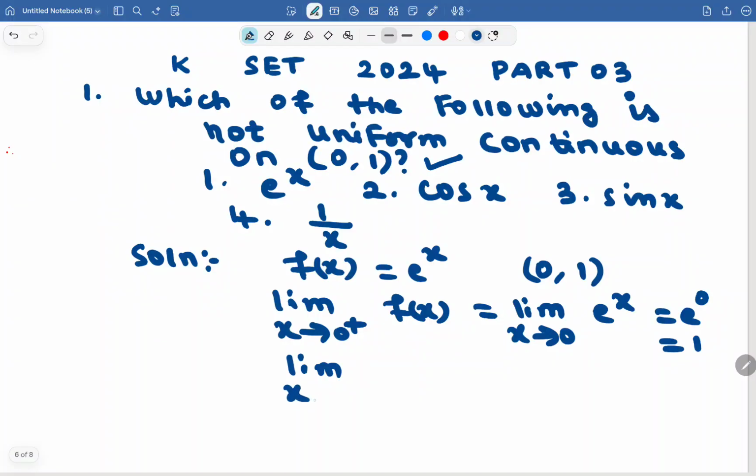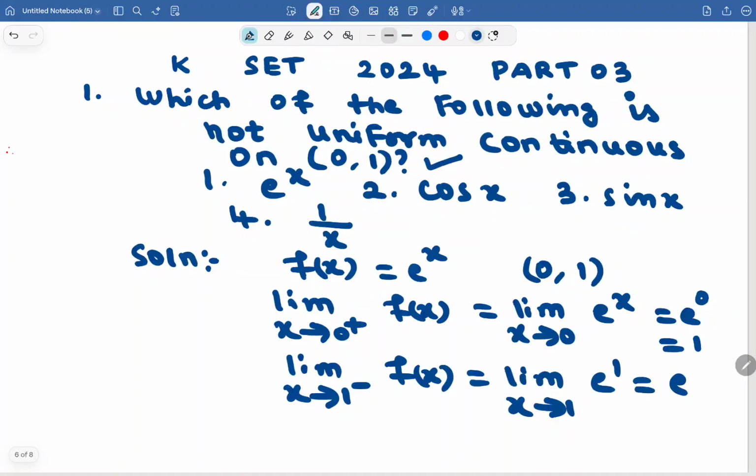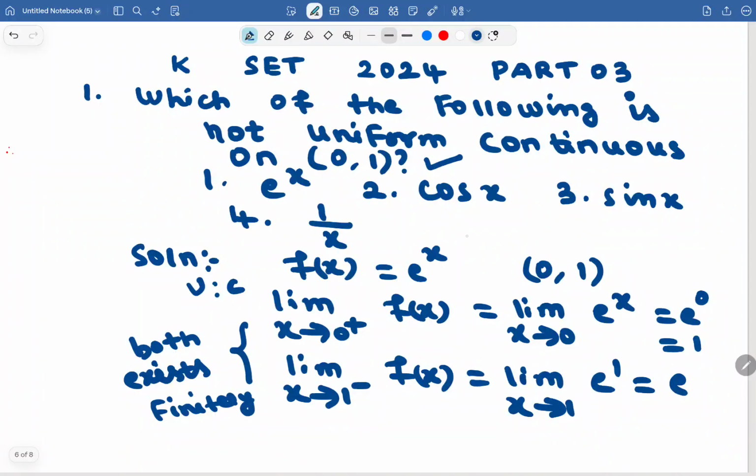Find the limit as x tends to 1 minus of f(x), which is e^1, which is e. Both limits exist finitely. First option is uniformly continuous.